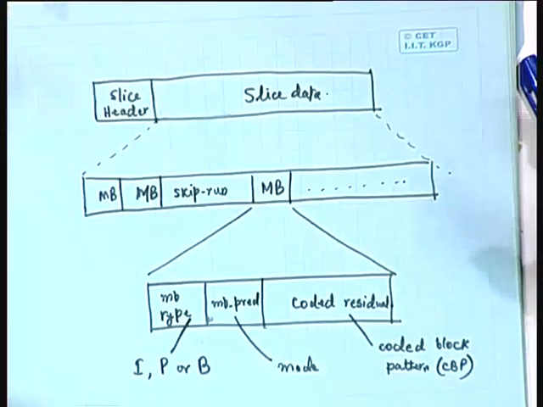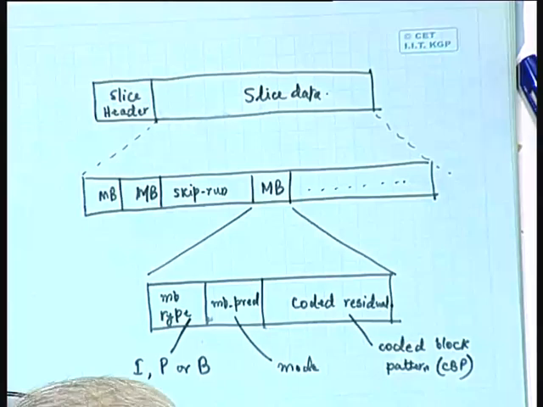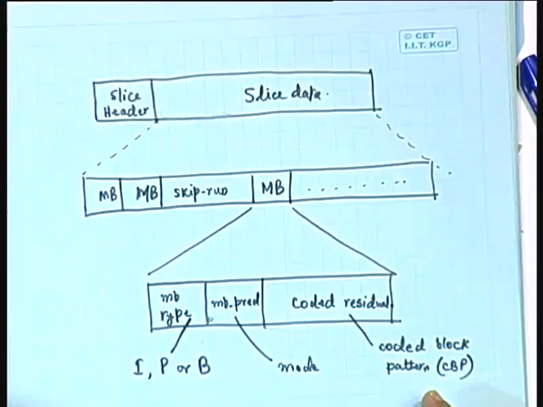This is what forms the hierarchical data structure of the H.264 data. So, slice is one layer above the macro block. Now, within the macro block one has a very specific data structure. So, this basically contains the coded block pattern of the individual blocks that compose the macro block.